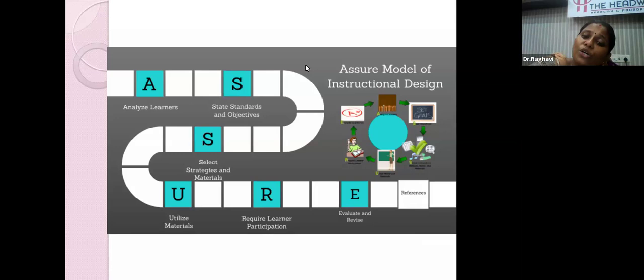So once you know your audience, you have a clear idea of what they should get out of this lesson, out of this module. Then it's time to select the appropriate method for the given task, the given need. Select some available materials, modify some existing materials that you already have, or design new materials to help them accomplish the task. Anything you will have to do in this step. So the instructor will be able to connect the audience to the objectives only in this step.